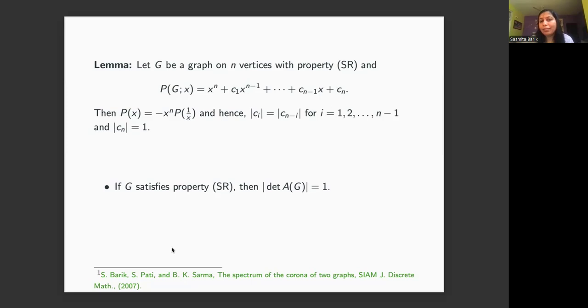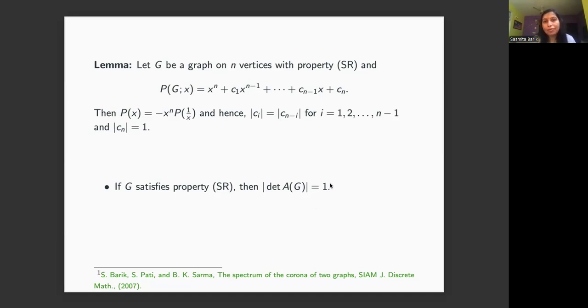That can be observed easily because if lambda is an eigenvalue, then 1/lambda is also an eigenvalue. When you multiply all the eigenvalues, which gives the determinant, they appear with the same multiplicity, so obviously the product will be plus 1 or minus 1. So if G satisfies the strong reciprocal eigenvalue property, then the determinant will be plus 1 or minus 1. That is clear from the definition.